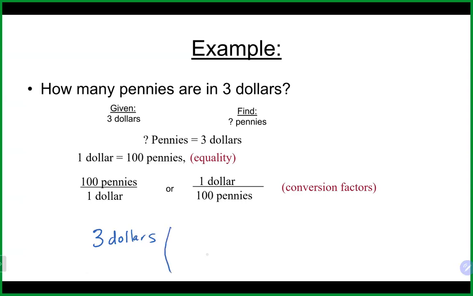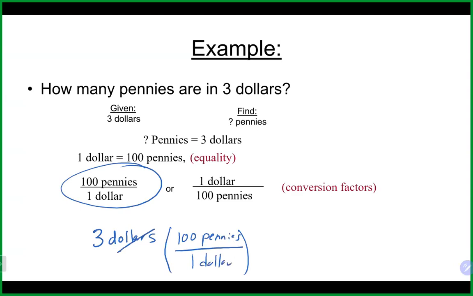We then want to put dollars in the opposite location, which means we would use this conversion factor, giving us 100 pennies per $1. Dollars, once again, will cancel. We are multiplying across the top, and then dividing by the bottom, although there's not much to divide by in this case.